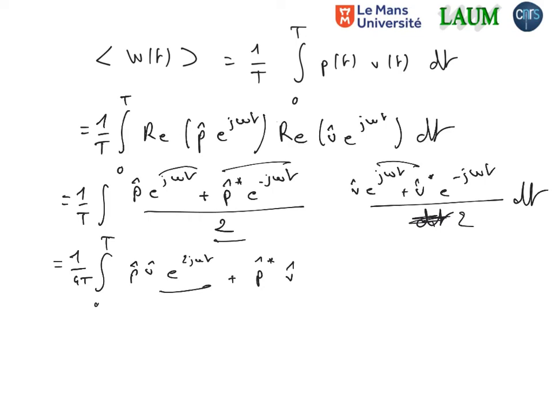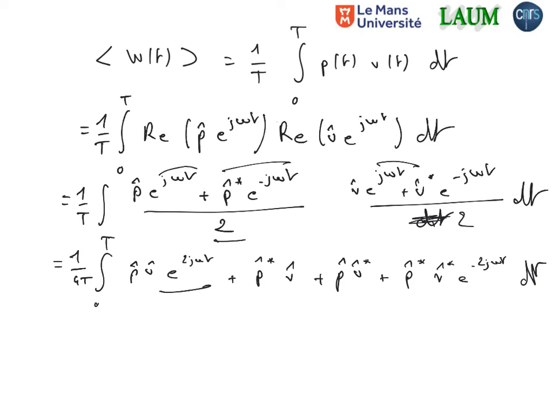So this is p hat v hat conjugate plus p hat conjugate v hat, no, not square, the complex conjugate, times e to the minus 2 j omega t, dt.